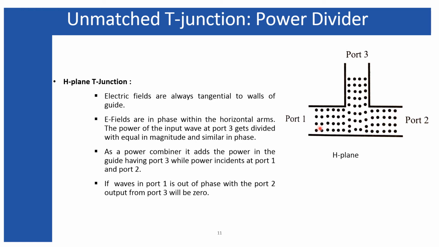So if you excite port 1 and port 2 with waves of opposite phase, you are going to get zero power at port 3, because port 3 represents the summation of the power from port 1 and port 2, so they will cancel each other within this port.